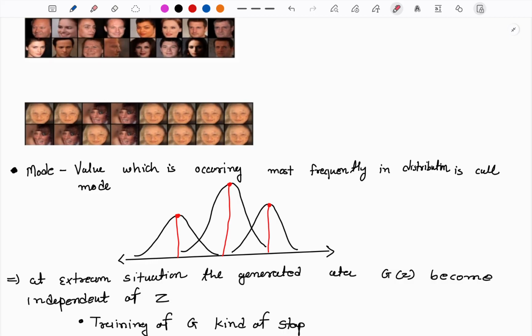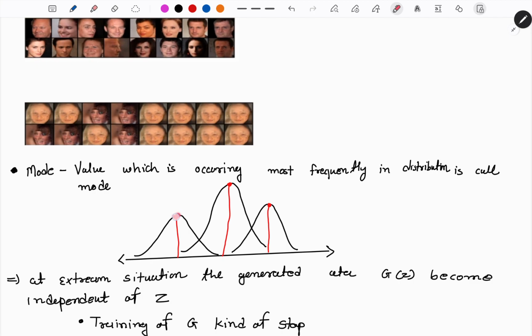So mode, I'll write the definition here. The value which is occurring most frequently in a distribution is called mode. So if you look at this distribution, you can observe these three distributions. And what is the most frequent value?